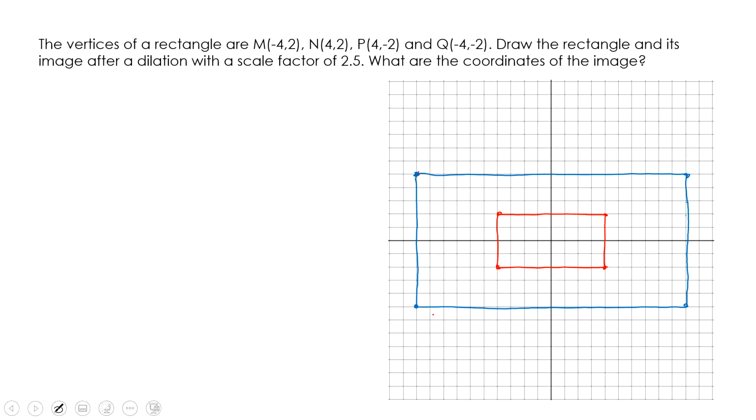I didn't label it this time, but this here is going to be your M, N, P, and Q. So this becomes M prime, N prime, P prime, and Q prime. Everybody seeing what we're doing here? Again, it's not that difficult at all. We're just multiplying coordinate grid points by the scale factor.